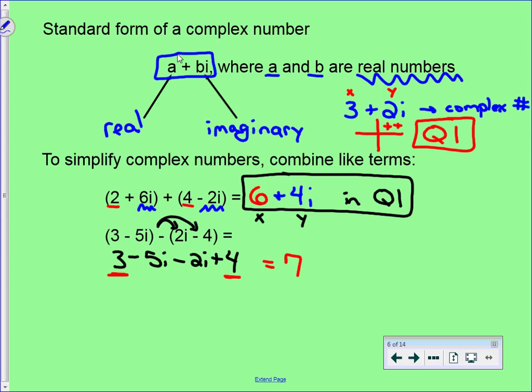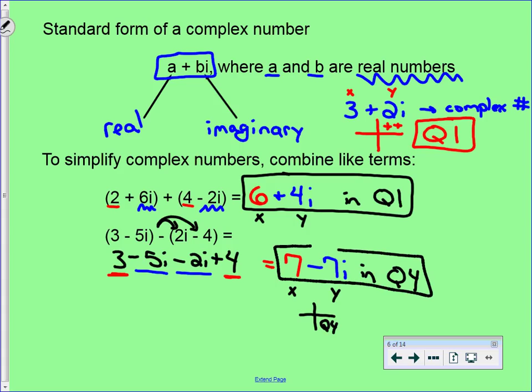Our imaginary numbers now get put together with our negative 5i and our minus 2i, which allows us to have a negative 7i. So in this case, you now have a positive x and a negative y. If you're looking at the coordinate plane, where is a positive x and a negative y? That is going to be in quadrant 4. So our final answer in this spot would be 7 minus 7i. That lies in quadrant 4.